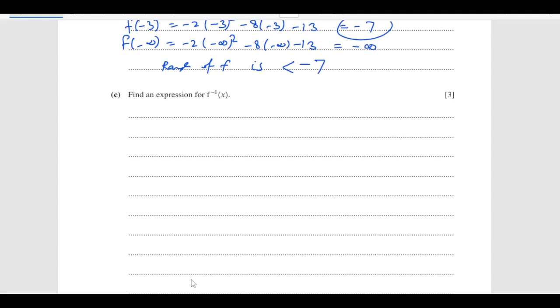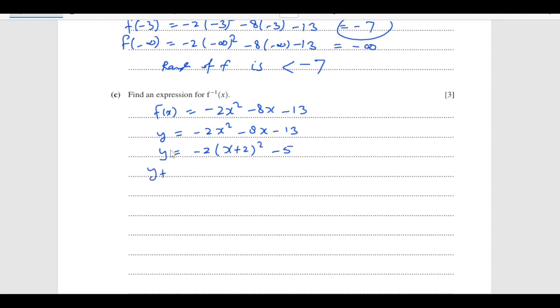So we have f(x). First of all, I will write f(x) as it is, then we will find f inverse x. So f(x) is -2x squared minus 8x minus 13, equal to y. This we have calculated in the first part as -2 into (x plus 2) squared minus 5.